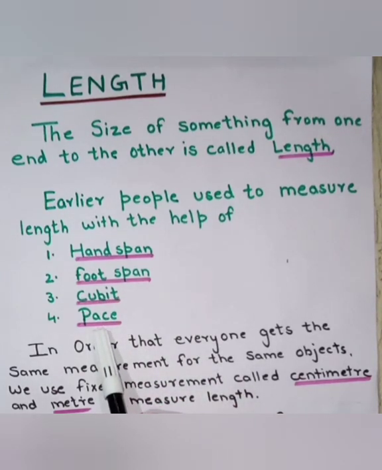But the measurement was not appropriate. So, in order that everyone gets the same measurement for the same objects, we used fixed measurements called centimeter and meter. To measure length, now we are using centimeter and meter scale.